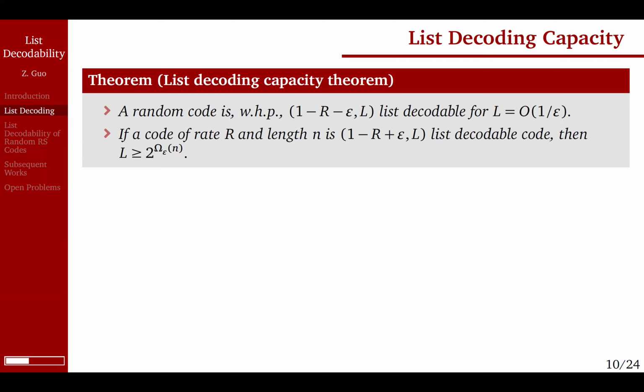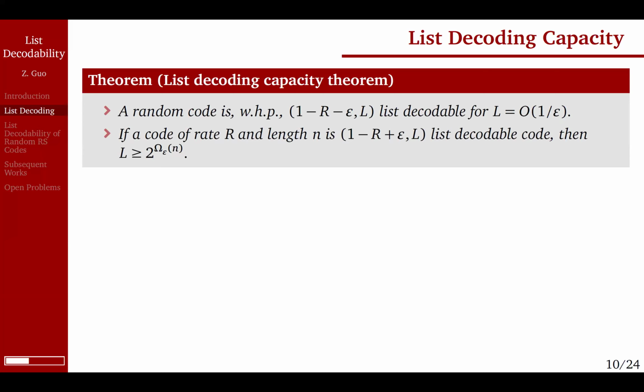Using the probabilistic method, we can show that random codes, with high probability, are combinatorially list decodable up to radius 1 minus R minus epsilon, with small list size. Note this is similar to 1 minus R. But on the other hand, if you go slightly beyond 1 minus R, then the list size has to be exponential.